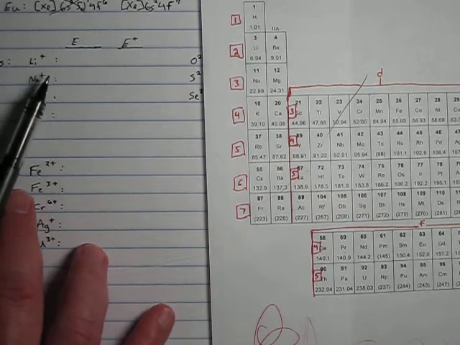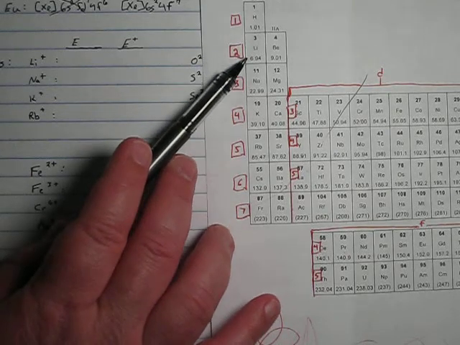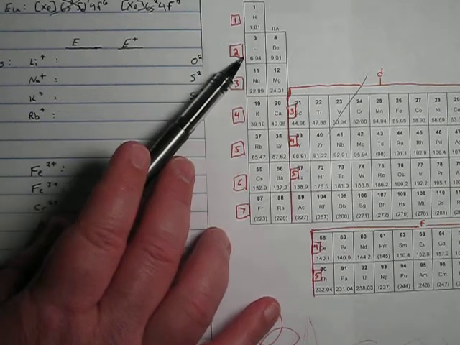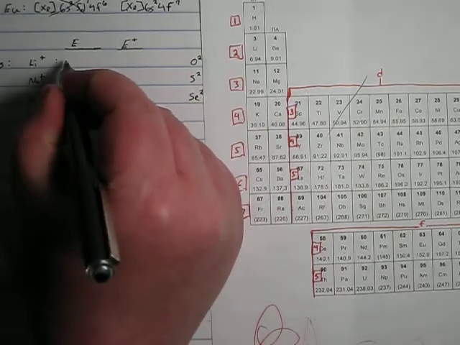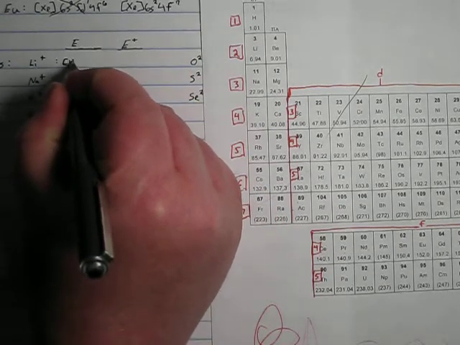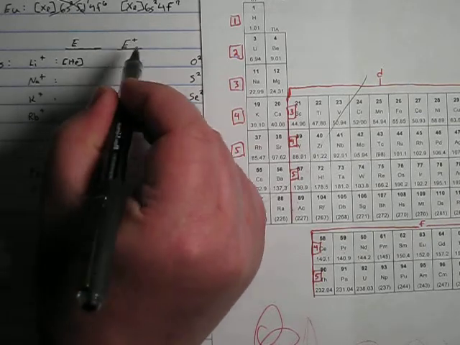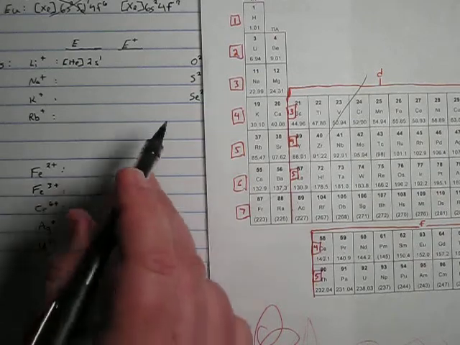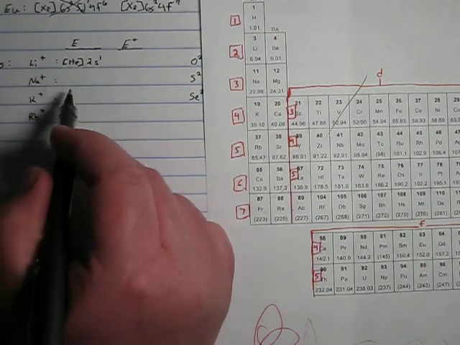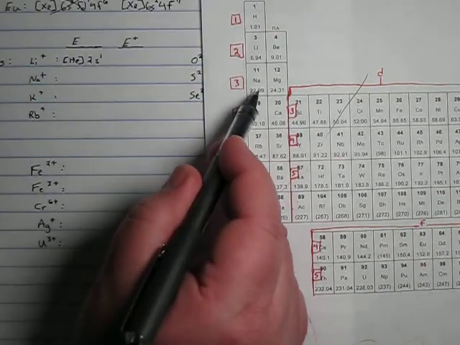If we have lithium here on the periodic table, n equals 2. The previous noble gas was helium, so using this shortcut, we will do helium core 2s1. I'm going to go down right now to sodium. Note sodium is right here under lithium.